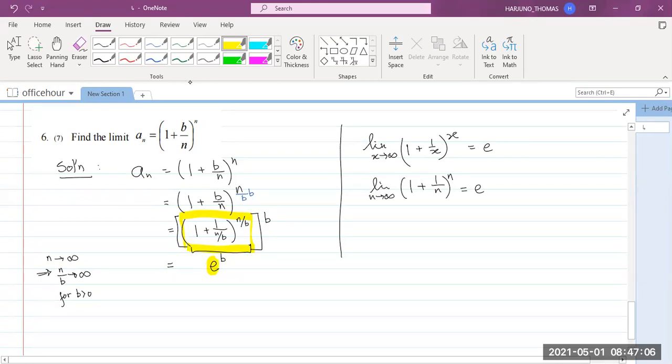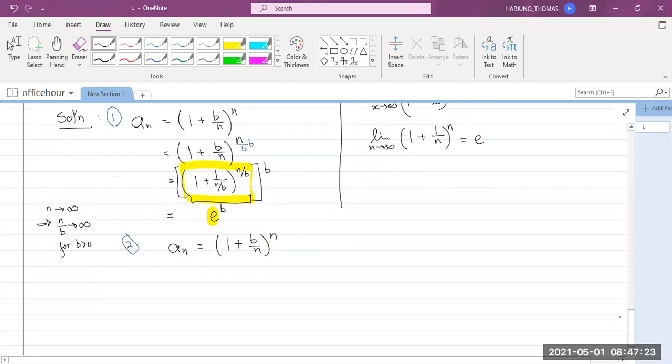Now that's something I don't expect any student to see. So let's do it the long way. a sub n equals 1 plus b over n to the n. Now I will construct a superposition function. Let f of x equal 1 plus b over x to the x.